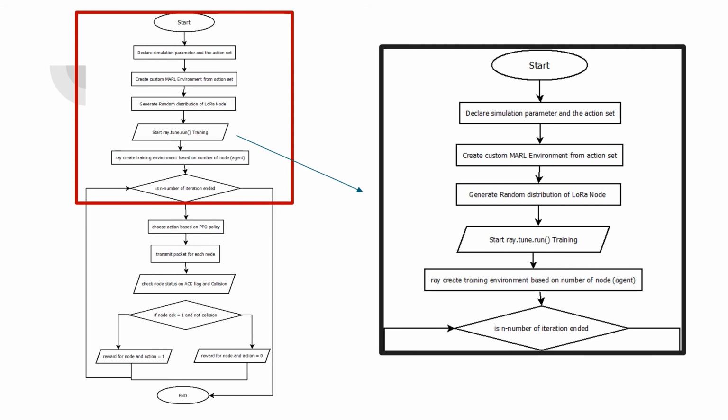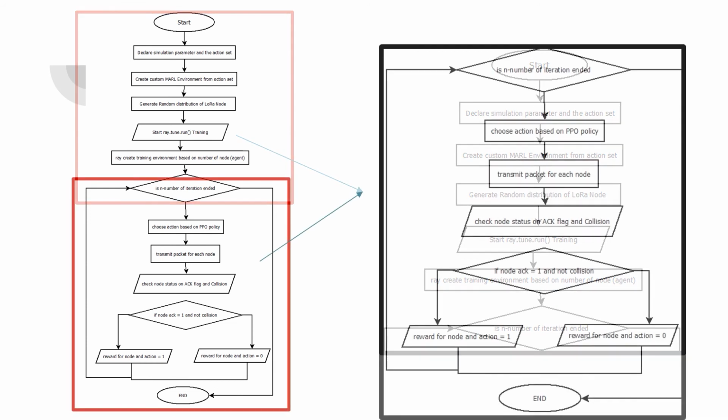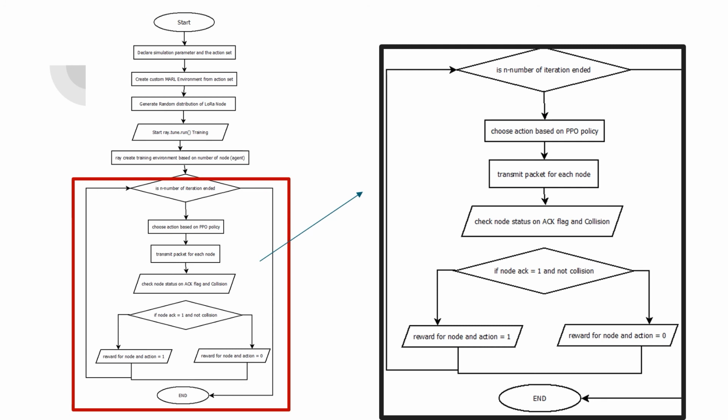When the training starts, the library will create a working training environment based on the number of nodes. For this FYP, I have decided my iteration count will be 20. So for each iteration, first, the PPO policy will choose an action based on its policy and also the action set.